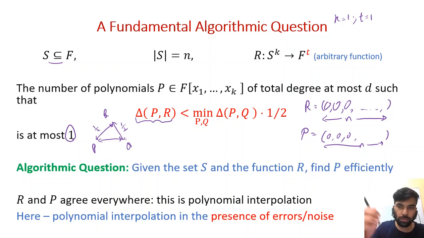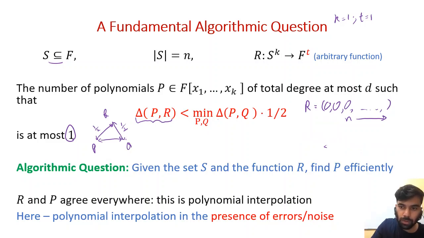And now I would like to highlight the role of k and t, which is the generalization that we consider in our paper. So what happens now is, let's suppose that instead of k being 1 and t being 1, k is 1 and t is 2, or t is 3.